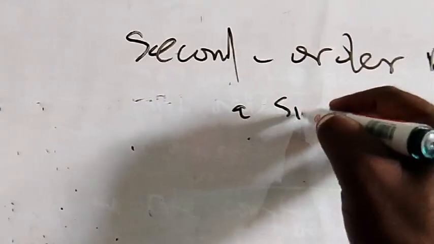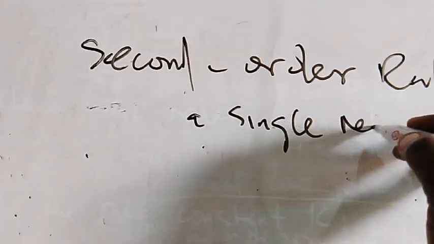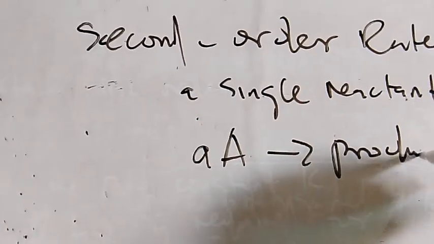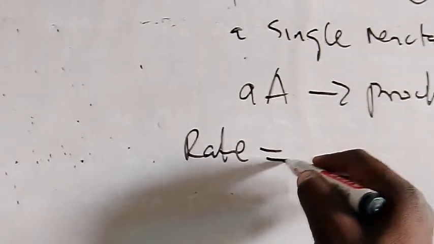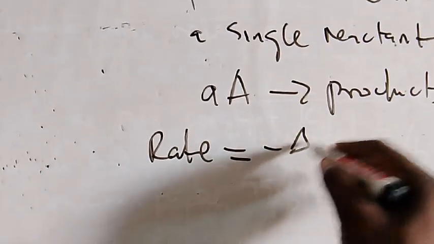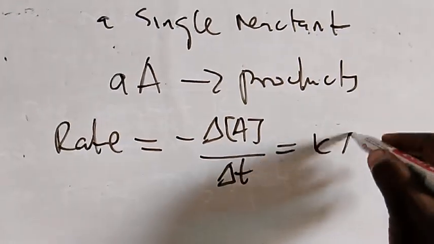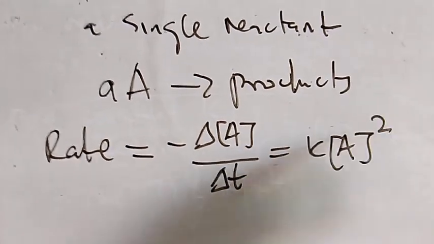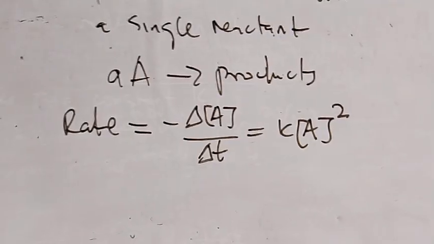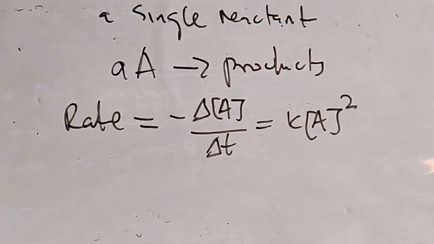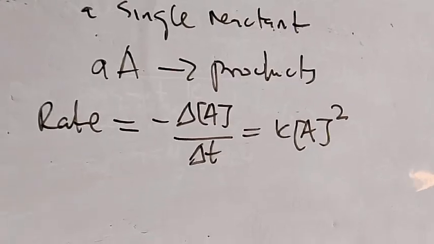For a general reaction involving a single reactant forming products, the rate is equal to negative delta A over delta T, which is equal to K A to the power 2. That will be the rate law for a second order reaction.